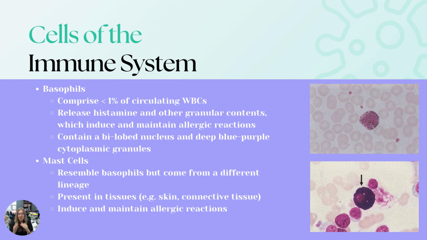And you definitely will see that percentage is significant when you are in hematology and you're trying to find a basophil. It's very difficult. And then our mast cells primarily reside in the tissues, particularly places like our skin and connective tissues.